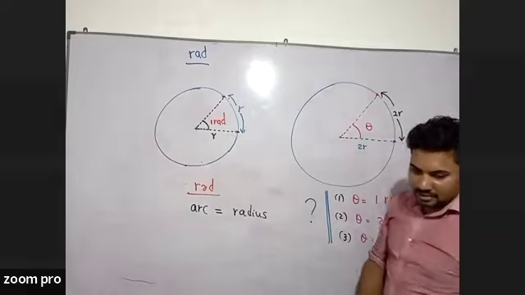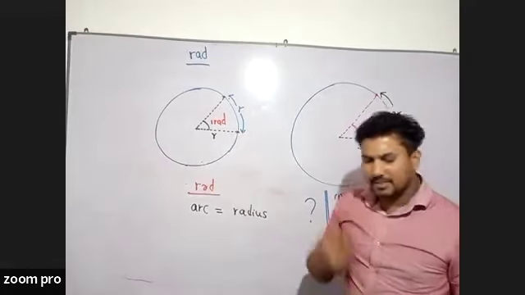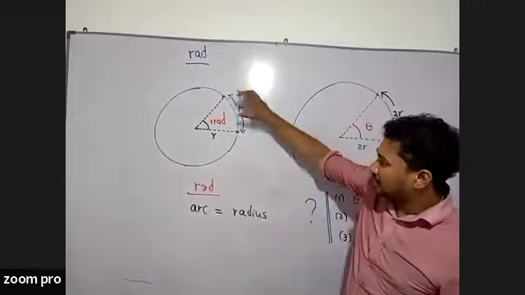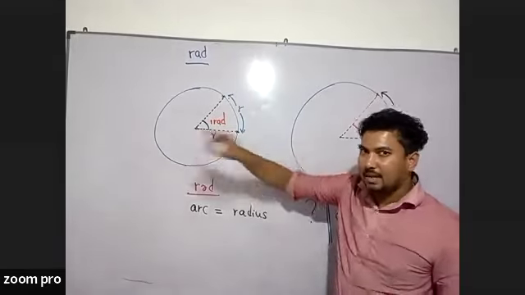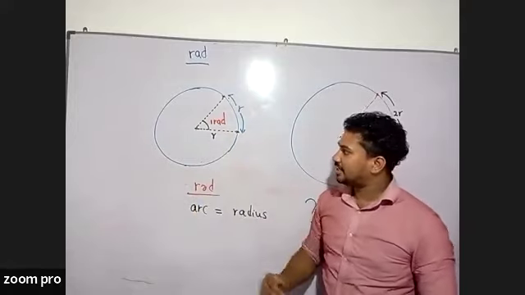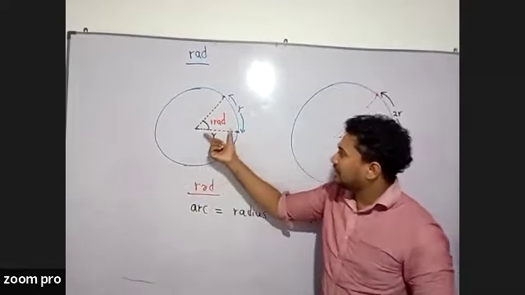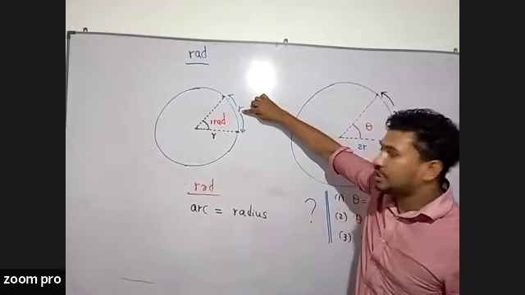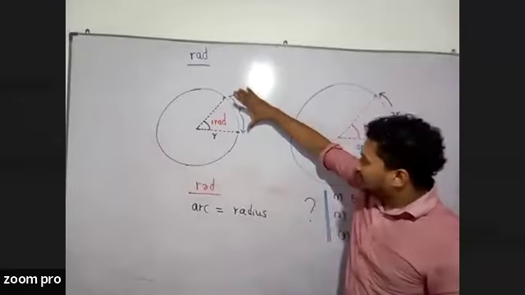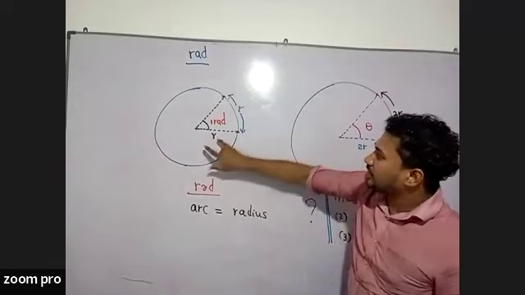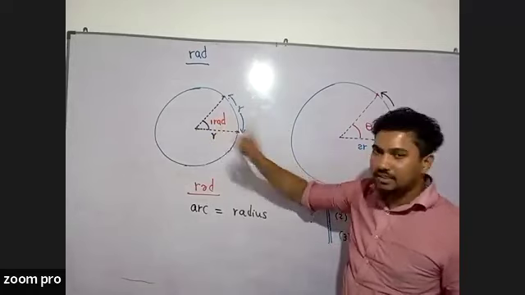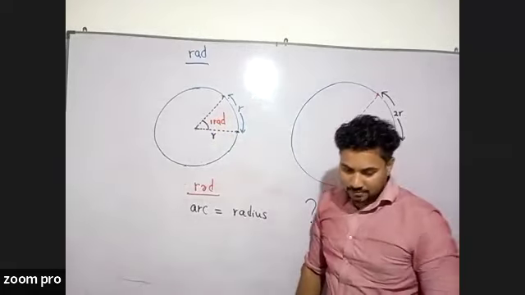Radian means the angle subtended at the center by an arc which is equivalent to the radius. So if the radius is r, then the length of this arc should also be equal to r, and the arc equal in length to the radius subtends an angle of 1 radian. That's the definition.